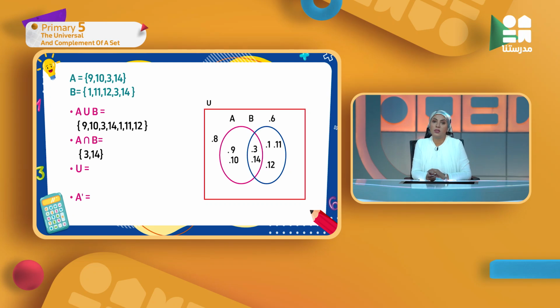Now, I want you to give me the answer for the universal set. What is the set of elements of the U?